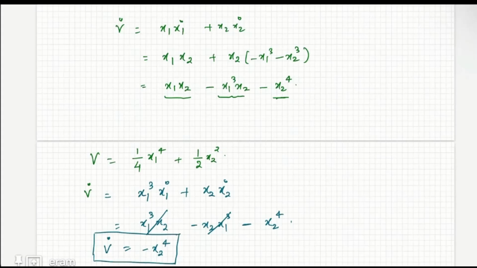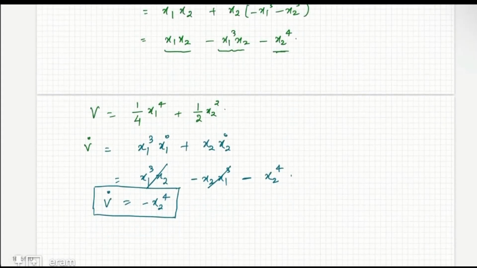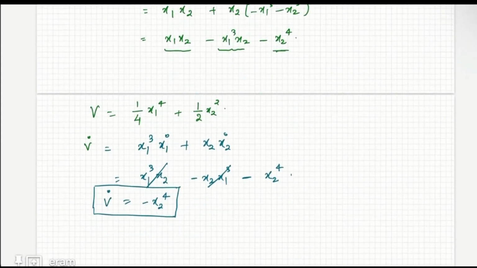and from here at least we can say that the system is going to be stable, because V dot is negative. But it is not negative definite, because V dot is not 0 only at 0.